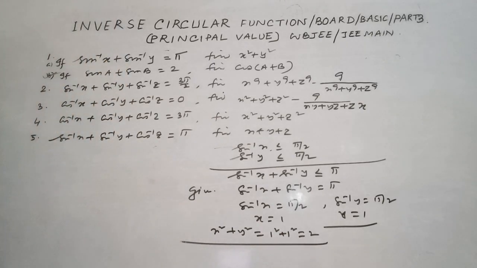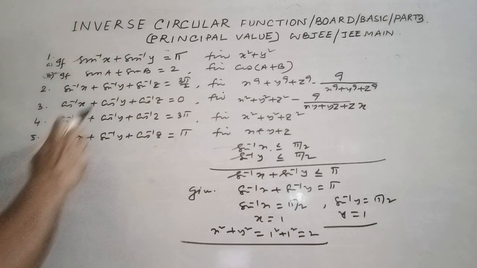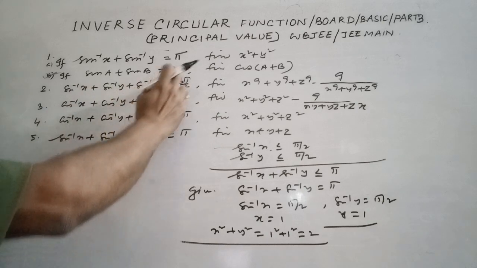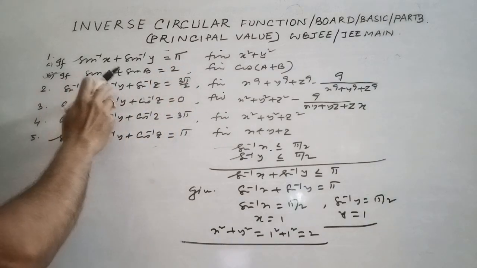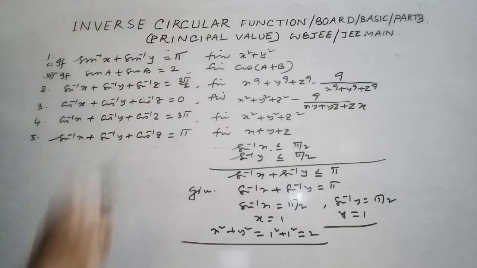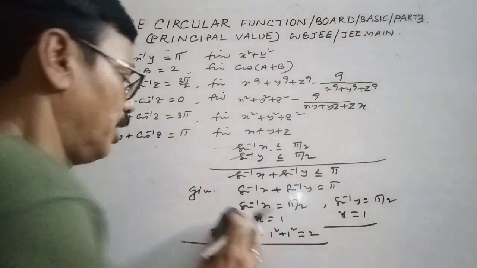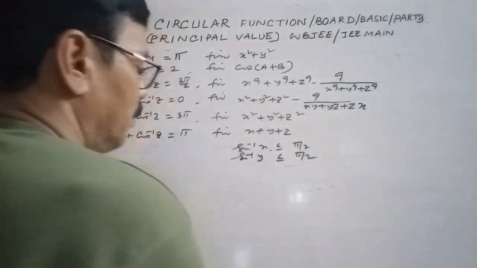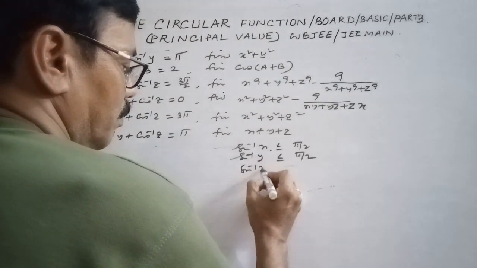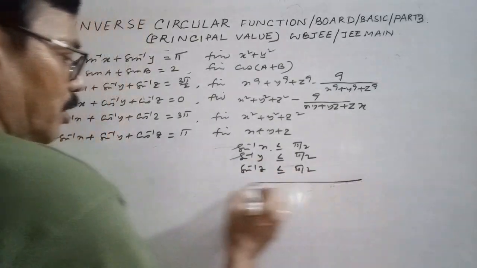Now problem number 2. Sin inverse x plus sin inverse y plus sin inverse z equals 3 pi by 2. So you have to recall it. Look, sin inverse x, sin inverse y and sin inverse z are each less than or equal to pi by 2.